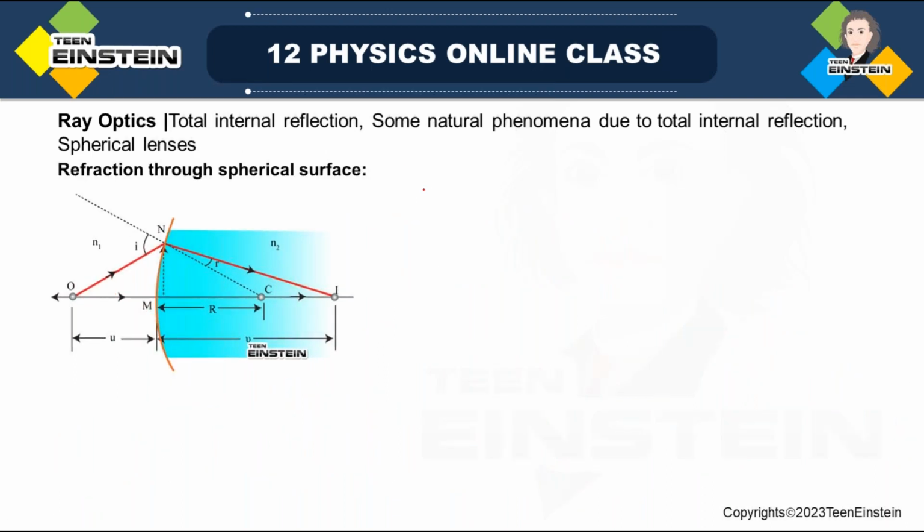So if here is the object and here is the image formed in the denser medium, then we can write, in fact, for any spherical surface, wherever the object may be, the main formula is n2 by v minus n1 by u, where u is the object distance and v is the image distance, is equal to n2 minus n1 by r.